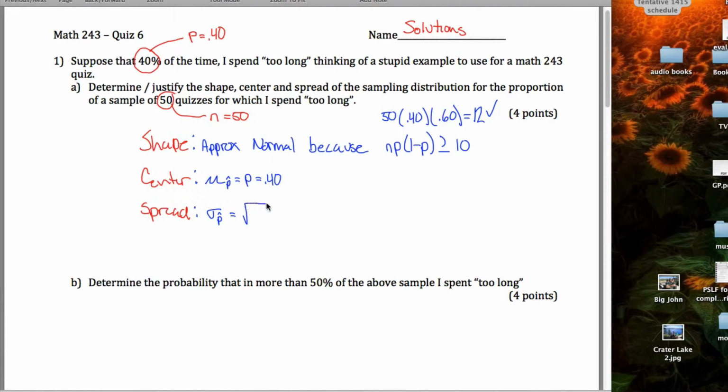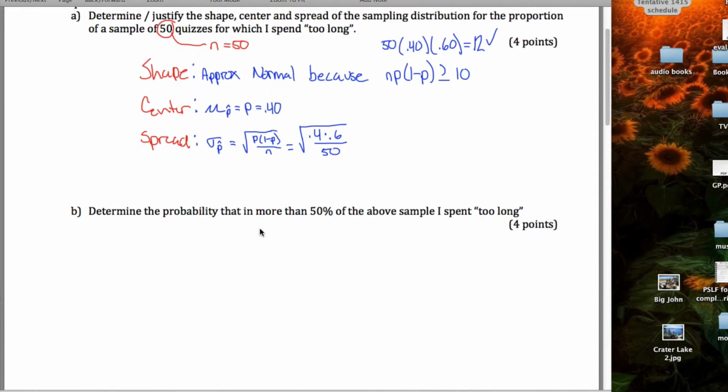In fact, there's a formula that gives me the standard deviation of the sample proportions, and it is the square root of p times 1 minus p divided by n. So in this specific case, it's the square root of 0.4 times 0.6 divided by 50. I'll just leave it like this. You can calculate this number if you feel like it. I'm not even going to bother.